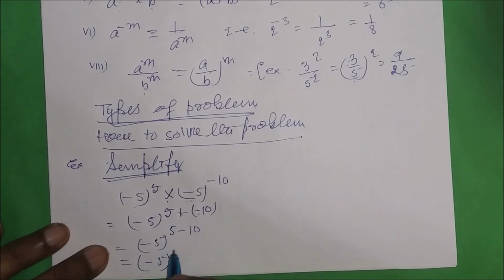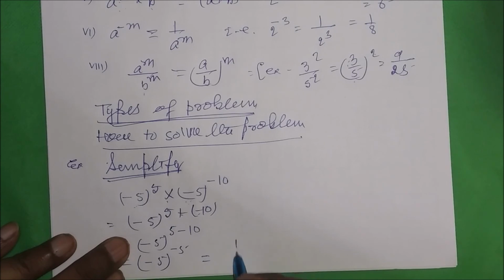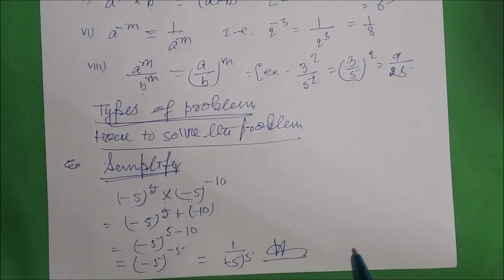Or if you want to write it in a positive way, it will be 1 upon minus 5 to the power 5. That could be the answer.